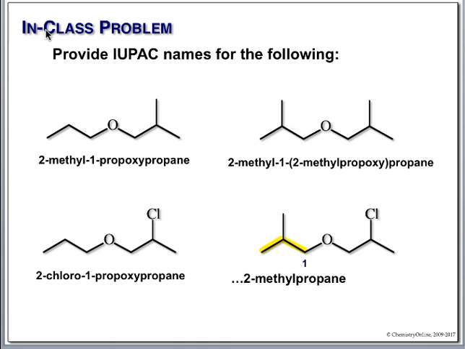And on this side, we have a propane with a 2-chloro. So this is a 2-chloropropoxy substituent attached to a 2-methyl propane. And again, it would look something like this. Any questions?